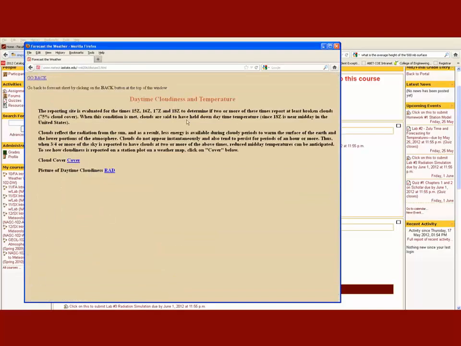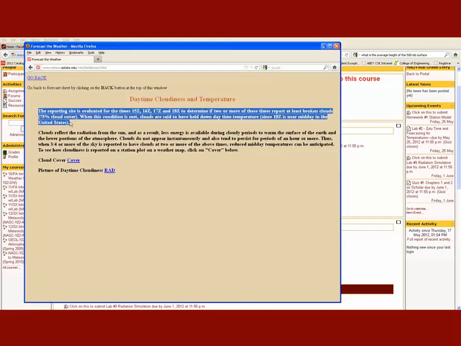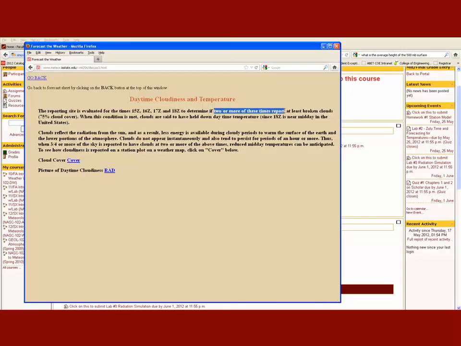If you click on daytime cloudiness and temperature, it talks about how the computer program that scores your forecasting works, and what it looks for. It looks at 15Z, 16Z, 17Z, and 18Z. So it looks at those 4 hours, and if 2 or more of these times report at least 75% cloud cover, then the computer program will score it as significant cloud cover, which would keep temperatures down.